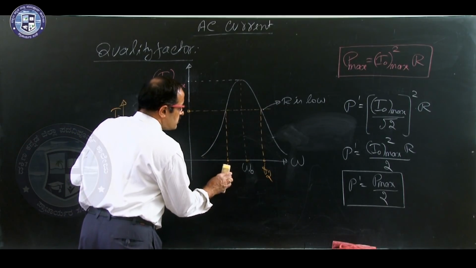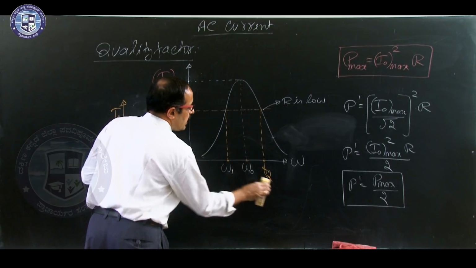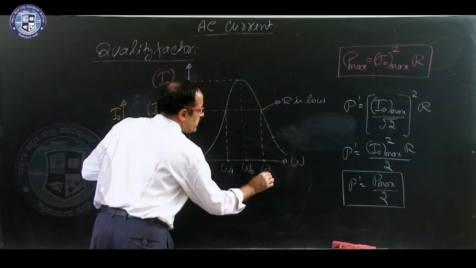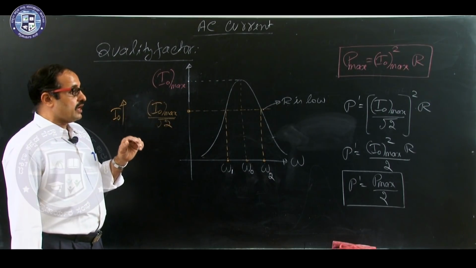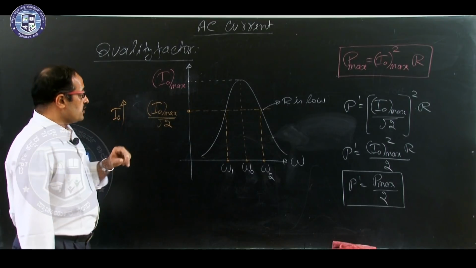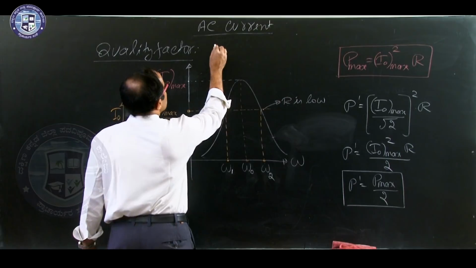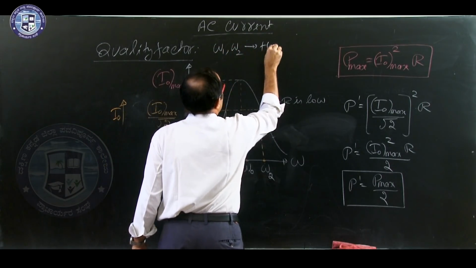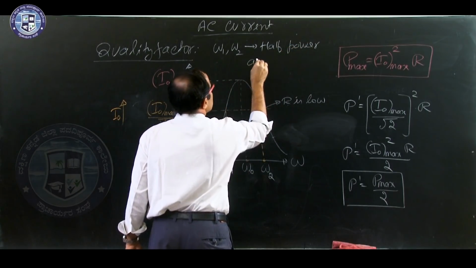Like that, this is written as omega 1 and this is omega 2. What are omega 1 and omega 2? Omega 1 and omega 2 are half power angular frequencies.